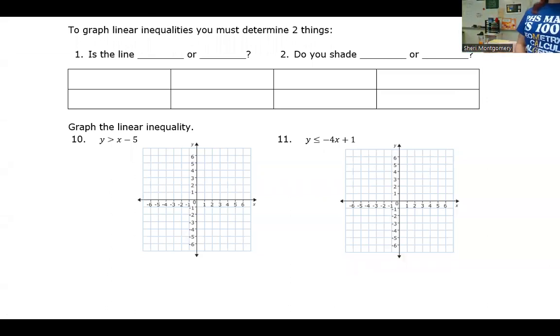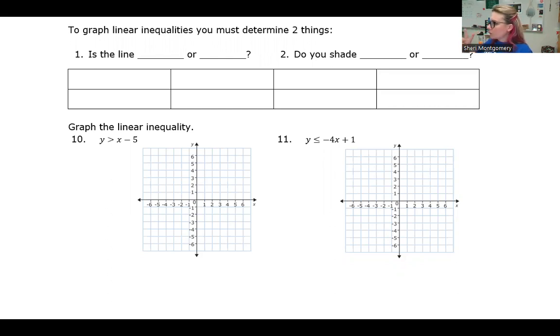Before we get started, to graph a linear inequality, it is very similar to graphing an equation or an equality. But you have to think about two extra things. And so the two extra things are, is it a solid or dashed line?